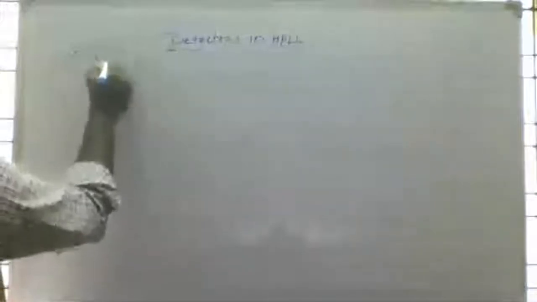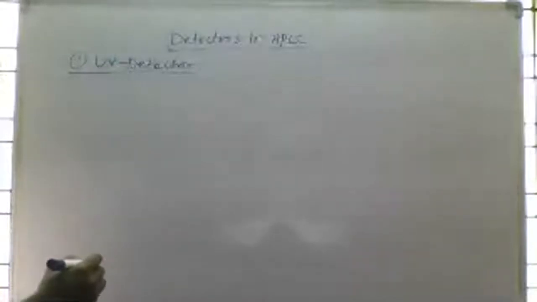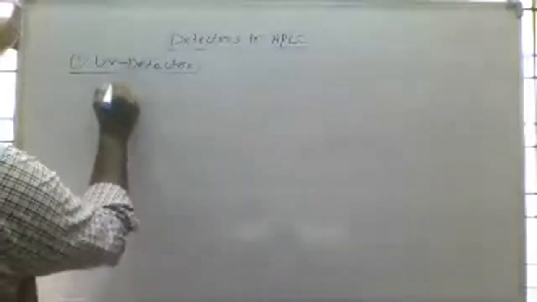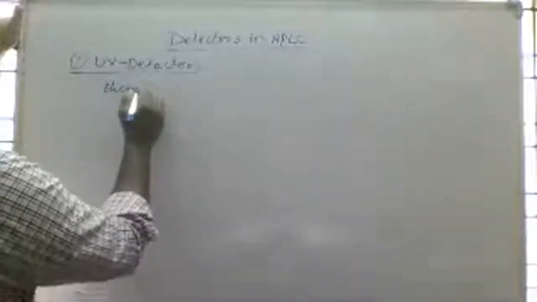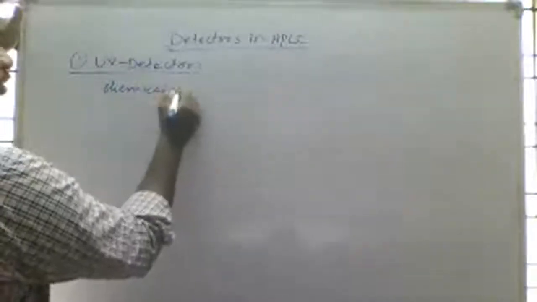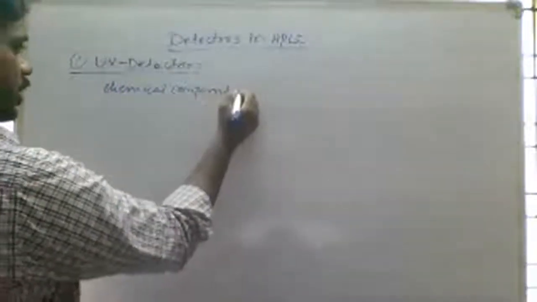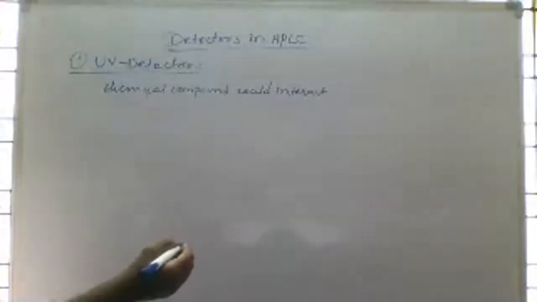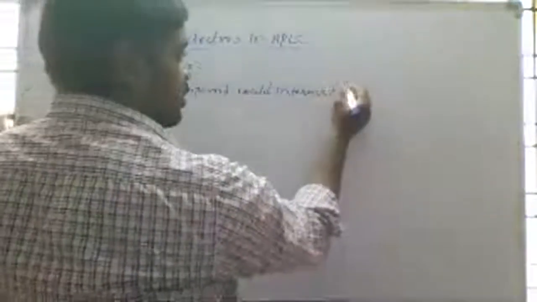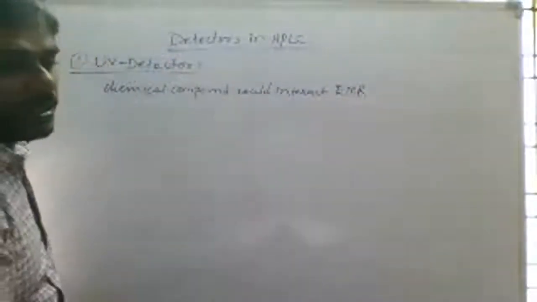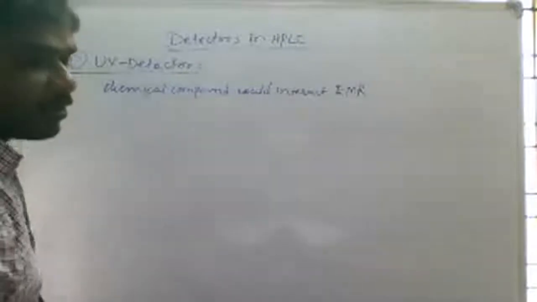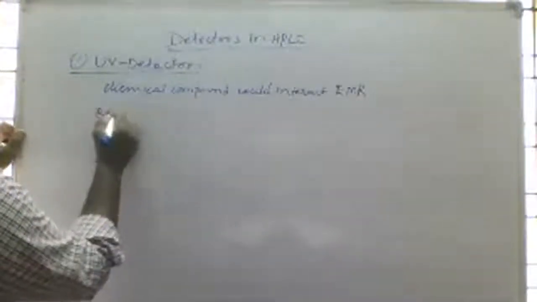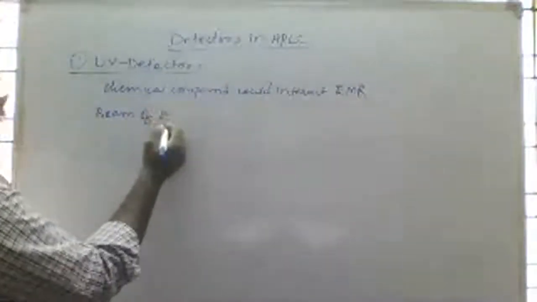So the UV detector. A chemical compound would interact with electromagnetic radiation.